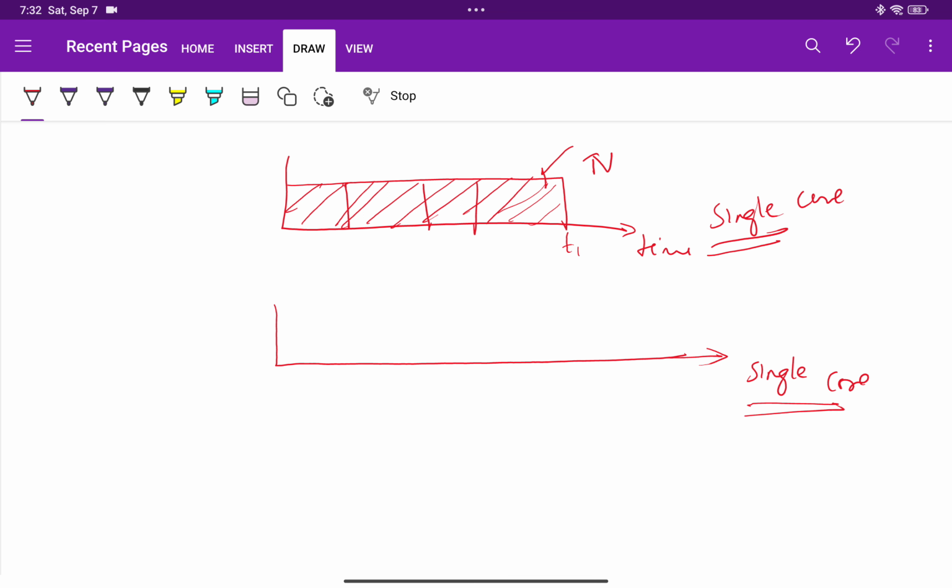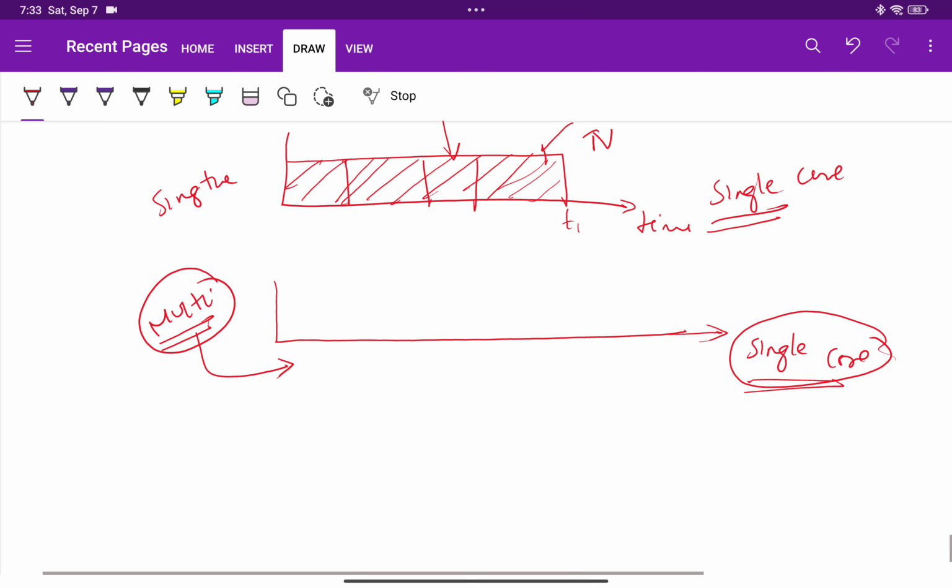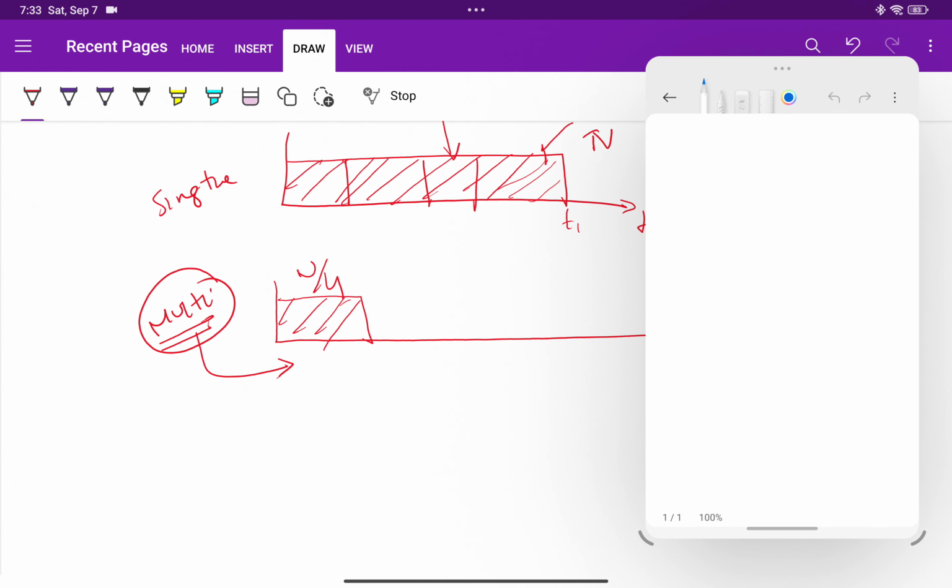This application is designed with single thread, and now this application is designed with multi-thread, and it is dumped in a single core machine. The tasks are the same. How is it doing? You have to remember here it is single core. So it is doing n by 4 task.